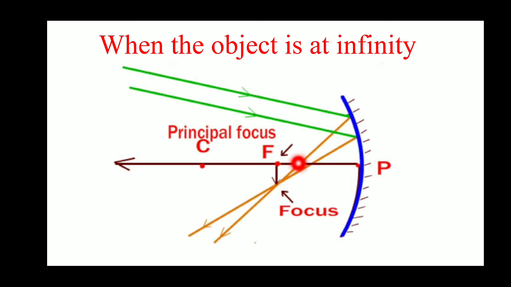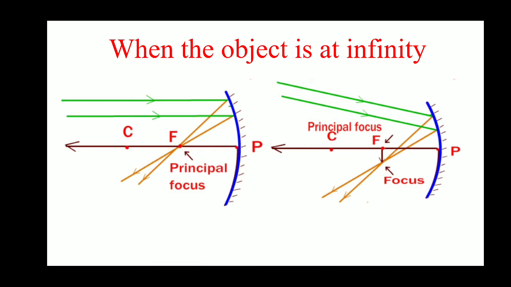So I can name the image formed here, it is real, inverted and highly diminished. So this is the case when the object is at infinity. So quickly, both the things together it is given. You can draw parallel to principal axis, you can draw inverted, slanting also. Whatever it is, the image is real, inverted and diminished. This is case number 1.